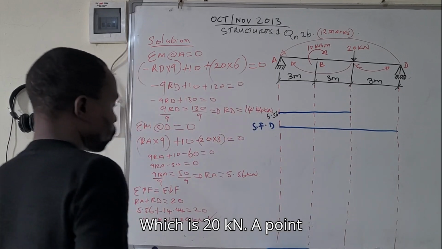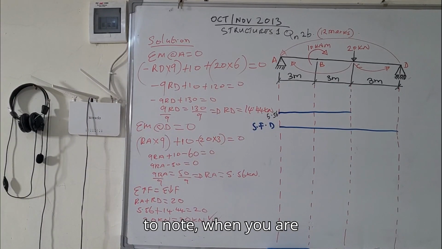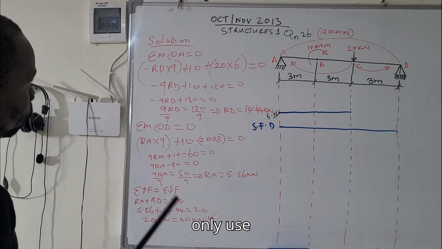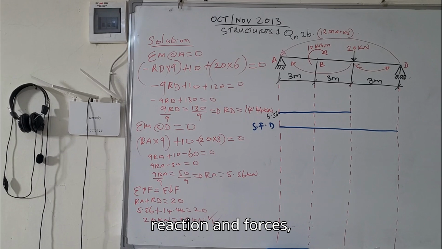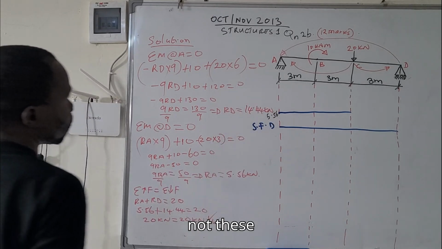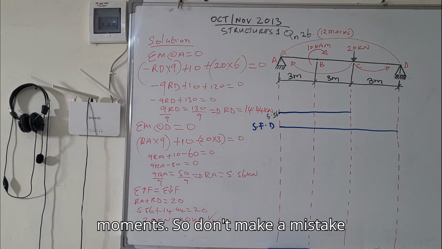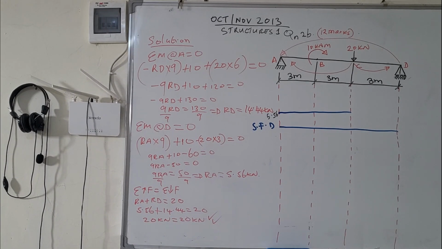which is 20 kilonewton. A point to note: when you are drawing a shear force diagram, we only use reactions and forces, not the moment. So don't make a mistake.